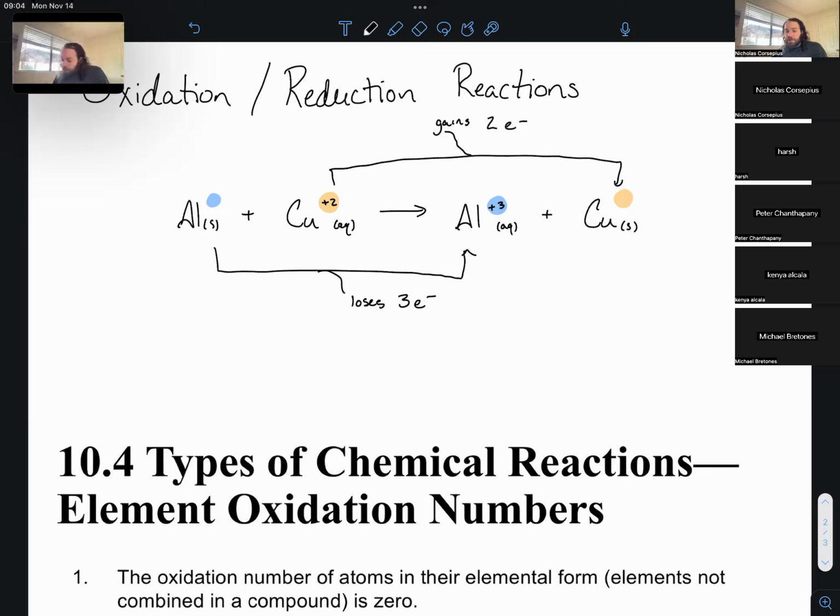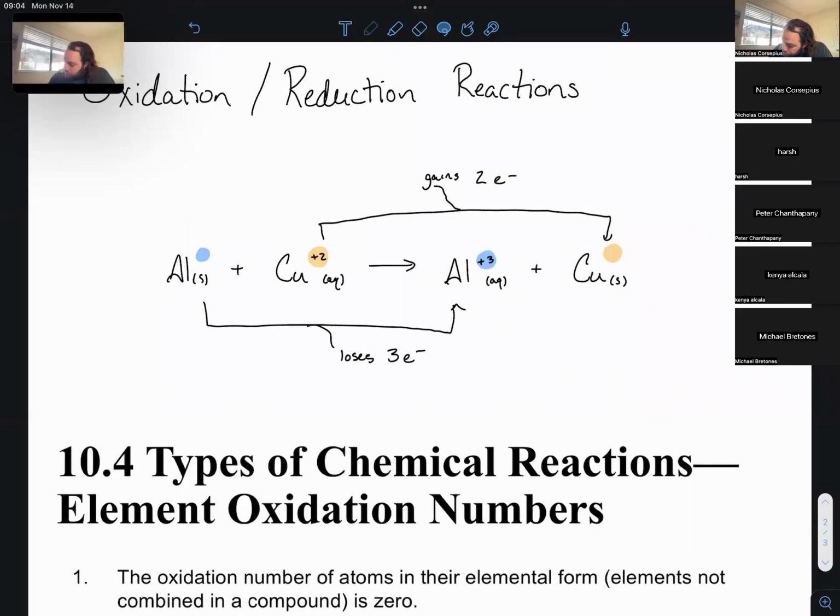The aluminum is losing the electrons, giving them to copper, and the copper is gaining the electrons. So this is a feature of these oxidation reduction reactions. Really, these are reactions where you have an exchange of electrons. So we can make a note: exchange of electrons.